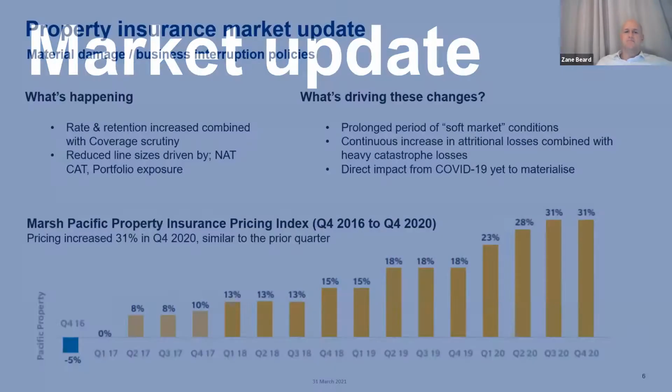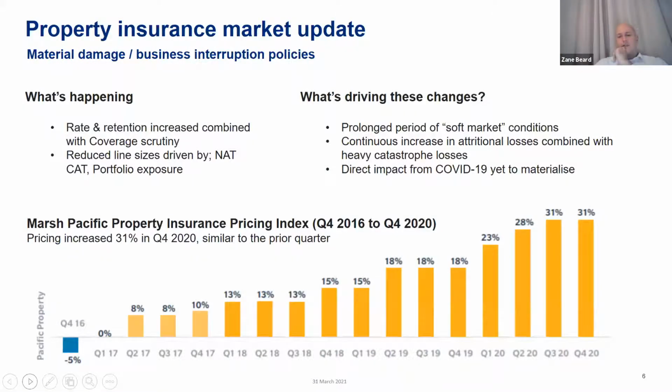Market update. What is going on with the property insurance renewal market in Australia and New Zealand? Well, there's been over 15 quarters of increases, and an increase of over 30% just in Q4 2020, which was similar to the quarters before that. That's really driving an increase in rate, but also retention.